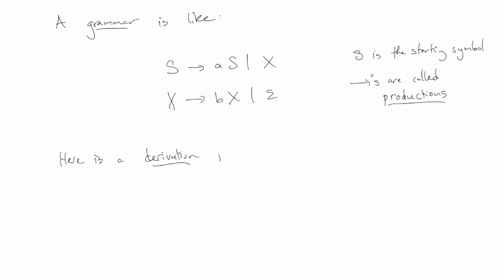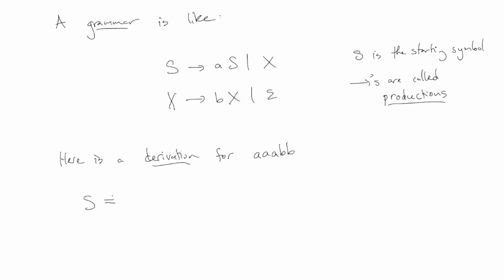So let's do a derivation for, how about, AAABB, using this grammar. It is possible using this grammar to generate that string. To do a derivation, you must begin with the starting symbol S, and you use the arrows like substitution rules to create the string that you're looking for, which in my case is AAABB.